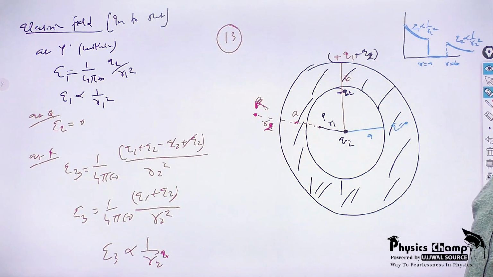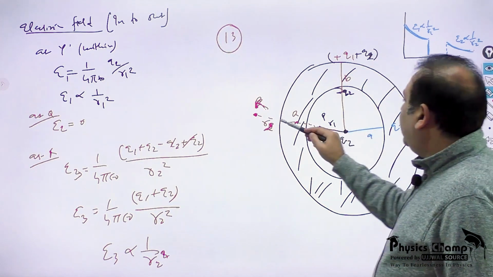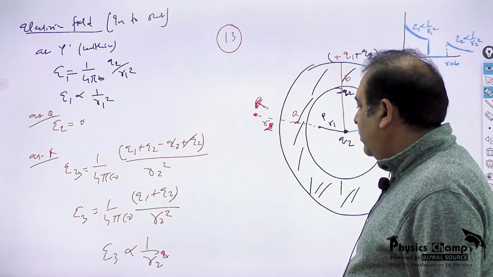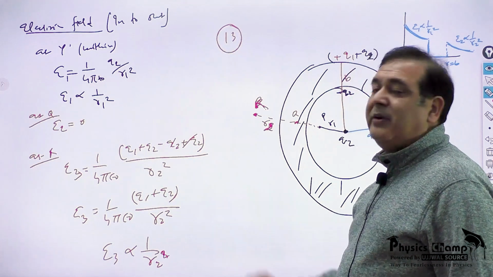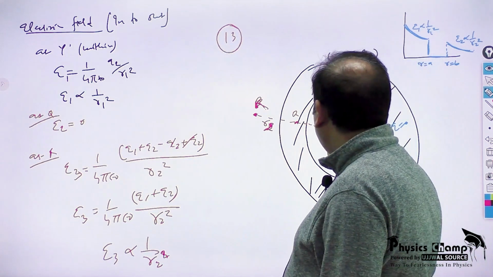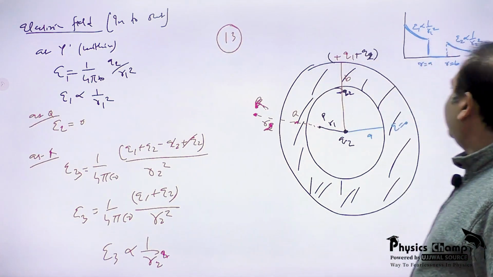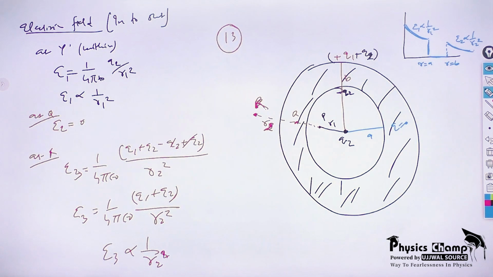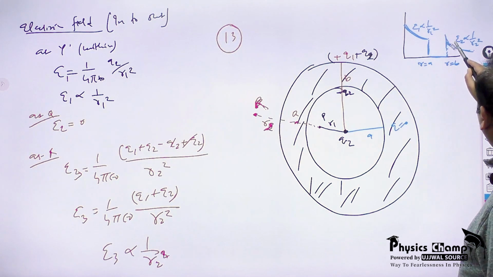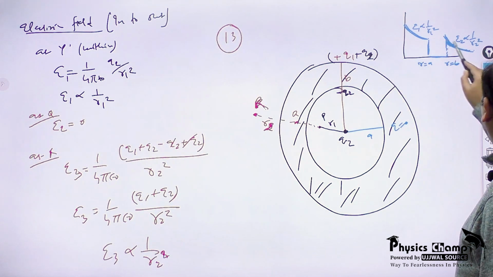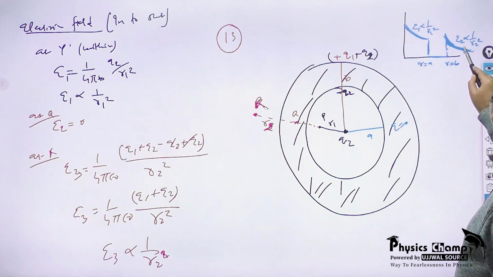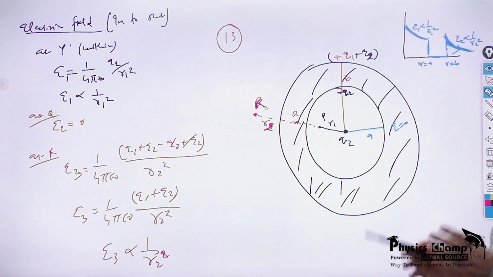Here it is inversely proportional to Q2 by R square, and outside it is proportional to Q1 plus Q2 by R square. So I should draw it like this. So we learned about the variation of electric field.